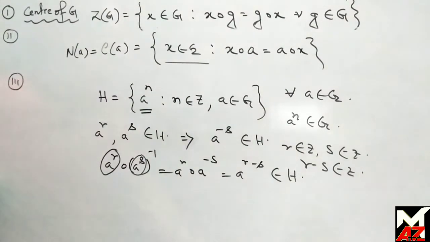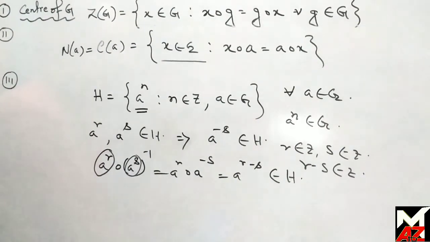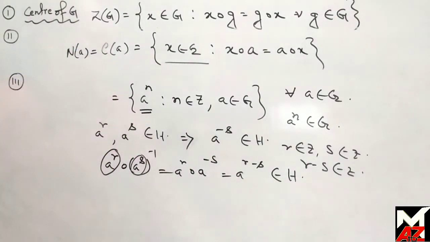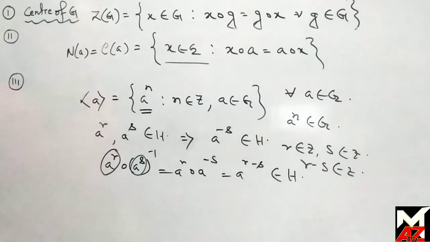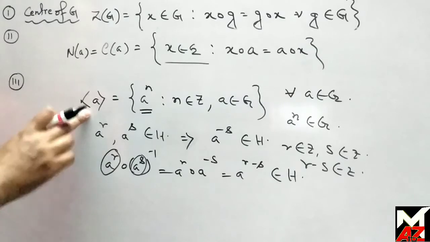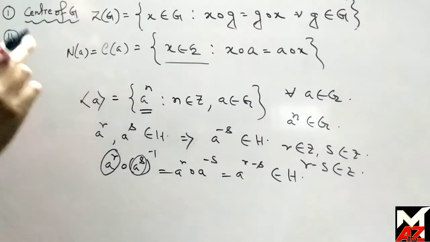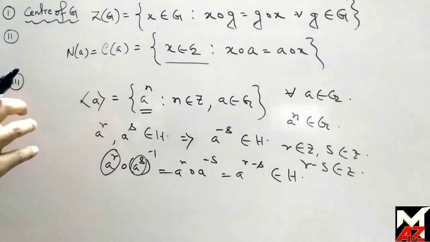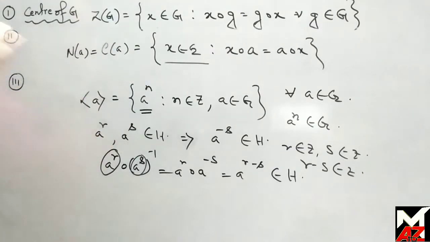is known as the cyclic subgroup of G, and this subgroup is denoted by the cyclic subgroup generated by A. This is the symbol of the cyclic subgroup generated by A. For every element of G, we can form this type of subgroup.